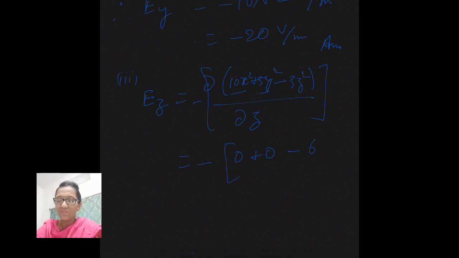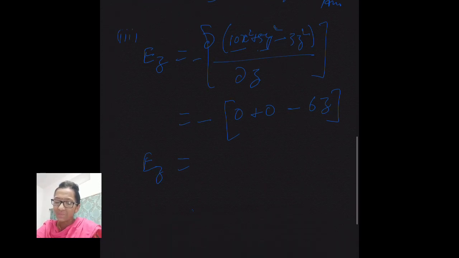So the differentiation of constants is 0 plus 0, and here you get minus 6z.